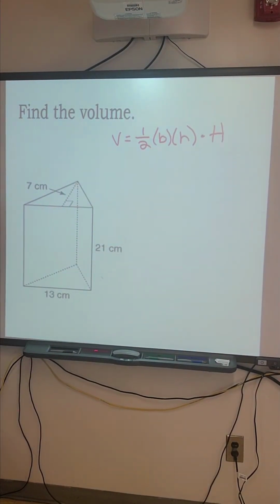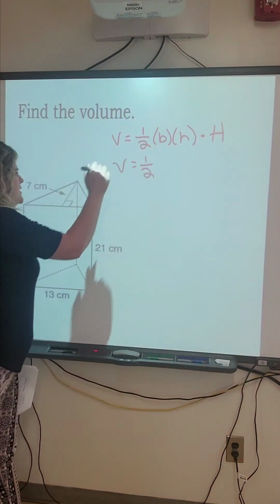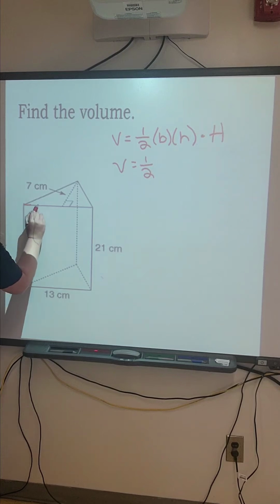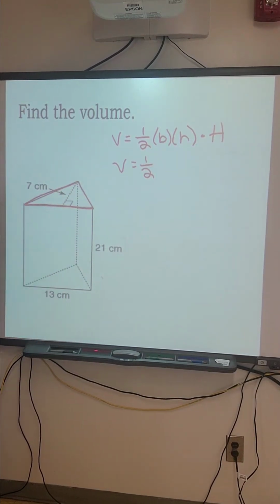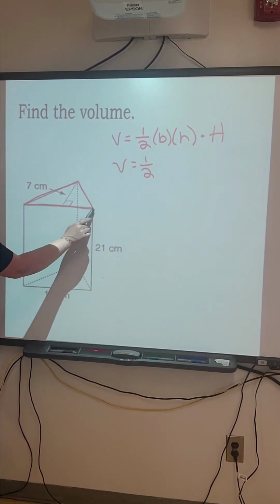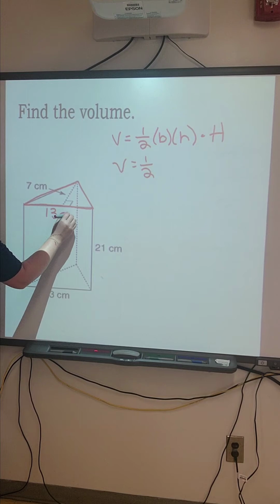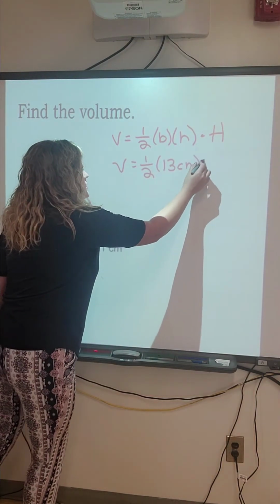Okay? So let's go ahead and bring down our 1/2 times your base here. So this will be your base. This is your triangle. So your base is 13 because this right here is parallel to this line here. 13 centimeters, so your base is 13 centimeters.